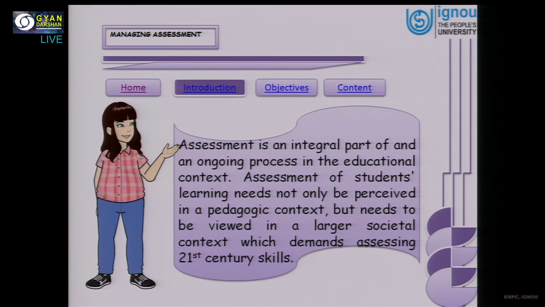Here the context is not only the school context or the classroom context, it is outside the school context also. When we give the students some kind of work like project work, there we are taking the students outside the classroom and we are conducting the test.